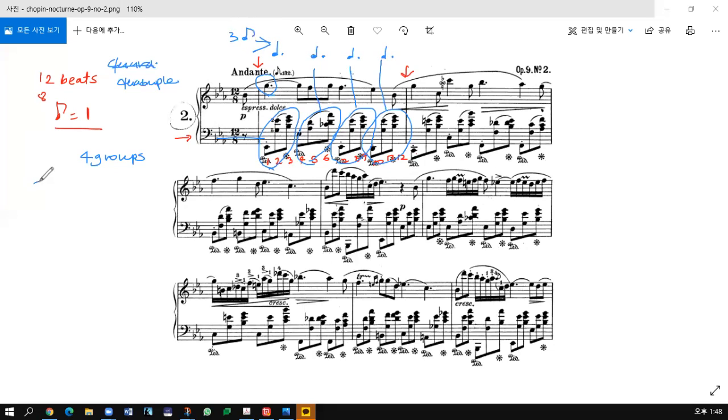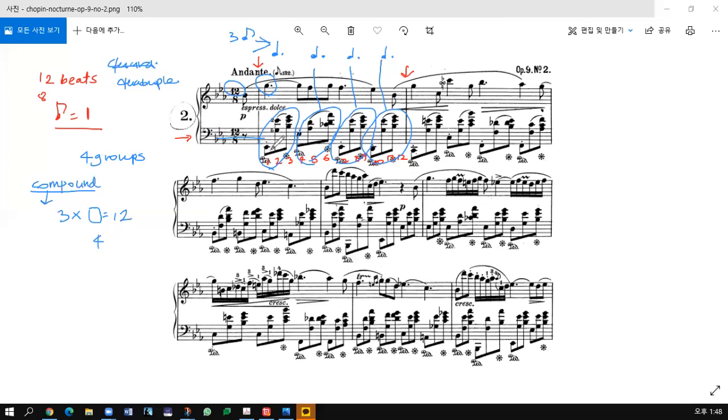So this is compound, okay, this is compound meter. But when you look at this, the top number is 12. Since compound means each beat can be divided into 3, you just figure out what number is supposed to be in the square, which is 4, right?